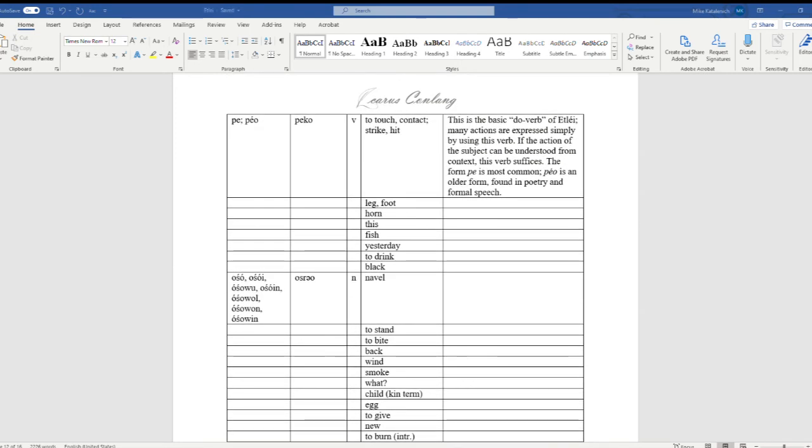And then let me run that through all of our cases. So we need an accusative and a genitive and locative and inactive and an ablative and a allative.